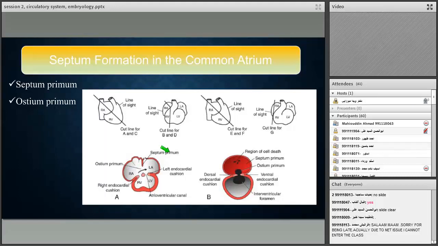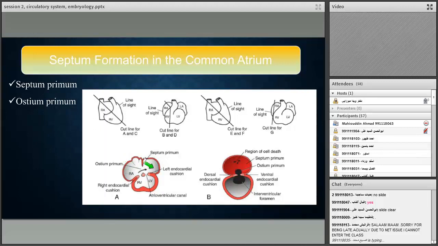The two limbs of this septum are growing toward the inferior side, toward the atrioventricular canal. Look at here, we have the atrioventricular canal.